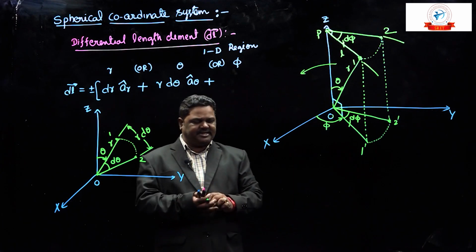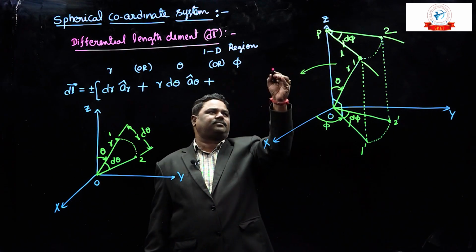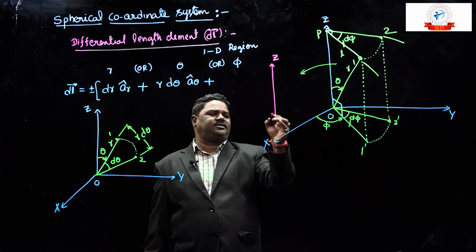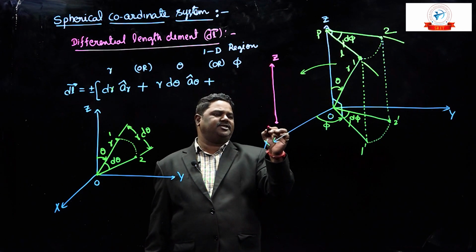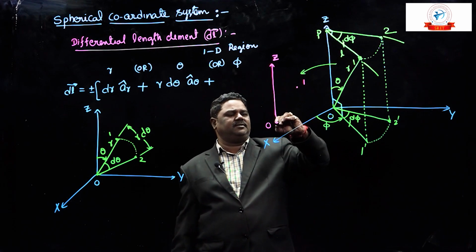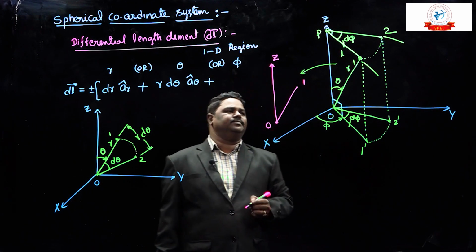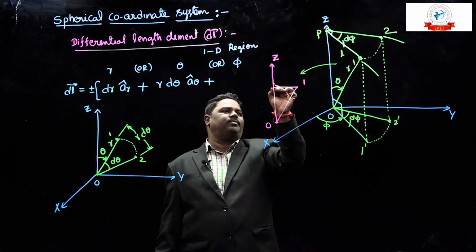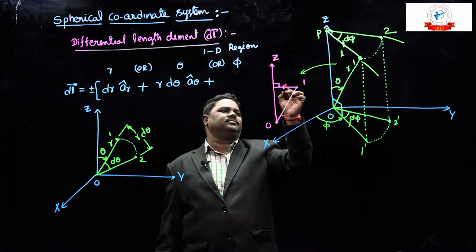So just see this triangle. This is the Z axis and this is the origin. This is point 1, and this is the length L, which is perpendicular to the Z axis.